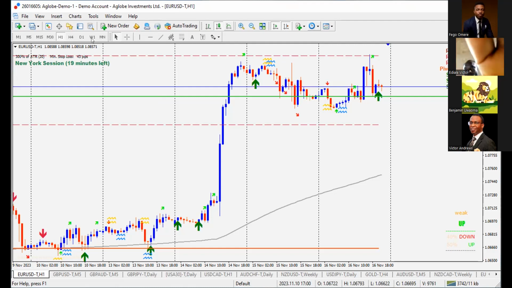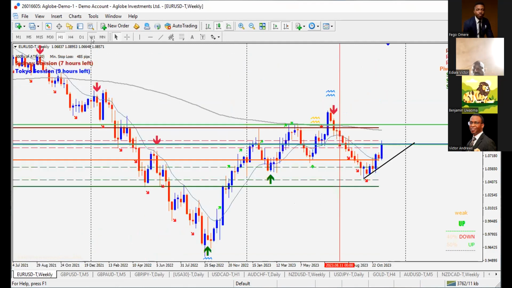And if we go to weekly on euro dollar, I told us the other time that with what we have here, from here to here, from here to there, we can see that there's something like a megaphone pattern, that there's a possibility for this move to the upside to hit this level.